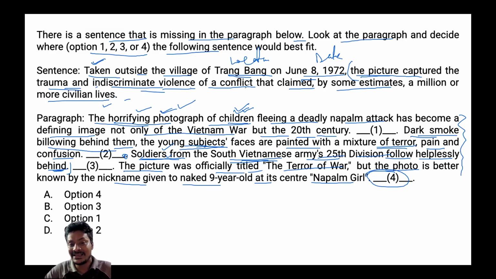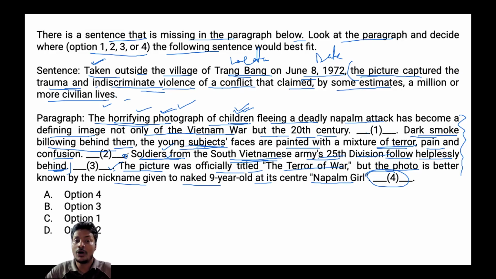So in that case, we can say the sentence could fit appropriately in option 3, not in option 1 and 2. Why? Because option 1 is the continuation of the description, right? Description of what that photograph shows, isn't it?